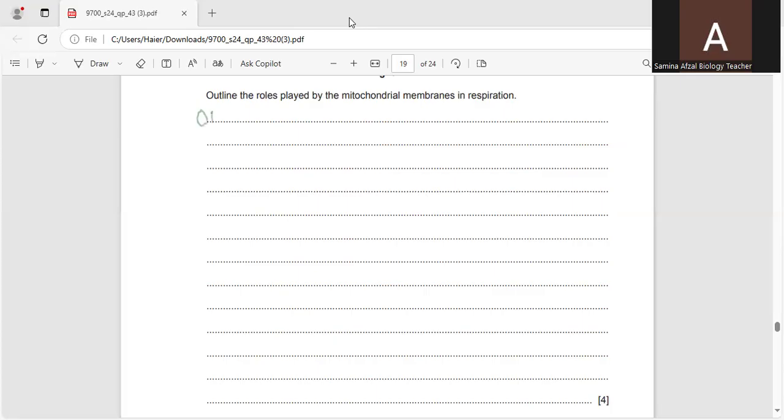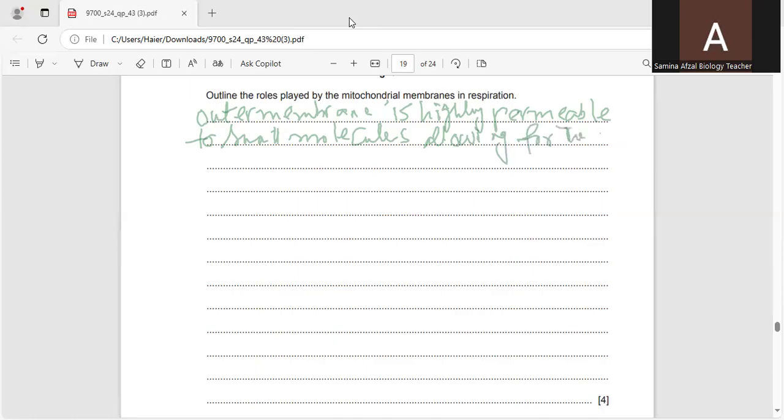So the outer membrane is highly permeable to small molecules, allowing for the free passage of ions and metabolites.